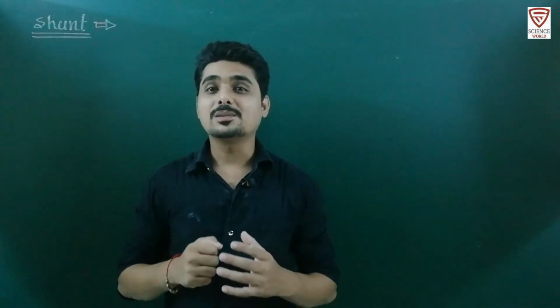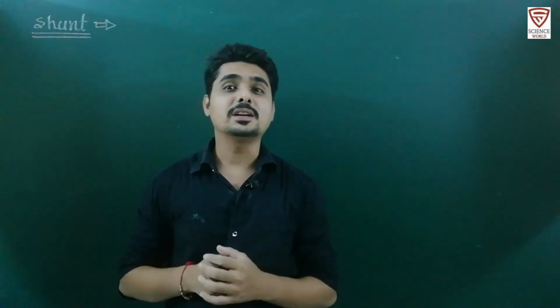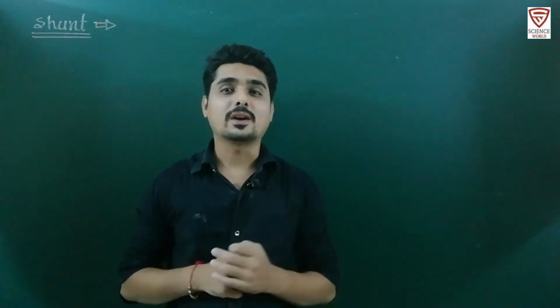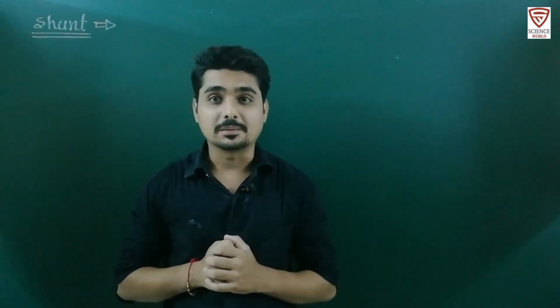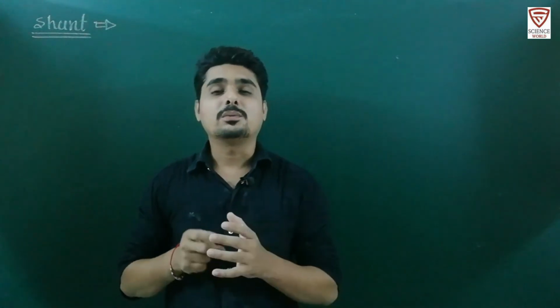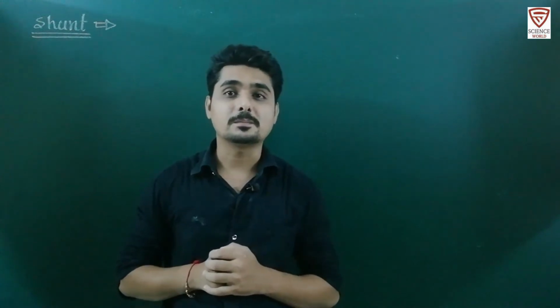So students, now we will start second topic of our lecture, which is shunt. Before studying about shunt, we will discuss about the coil of galvanometer. Generally, coil of galvanometer is made up of very thin copper wires. So whenever excessive current passes through this coil, a large amount of heat is generated in this coil, which can damage this coil of galvanometer.